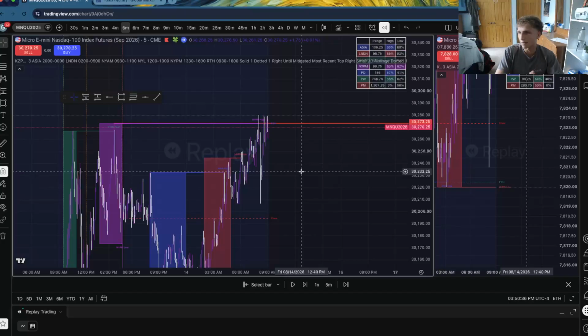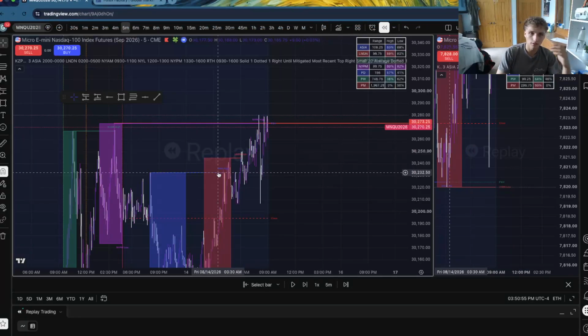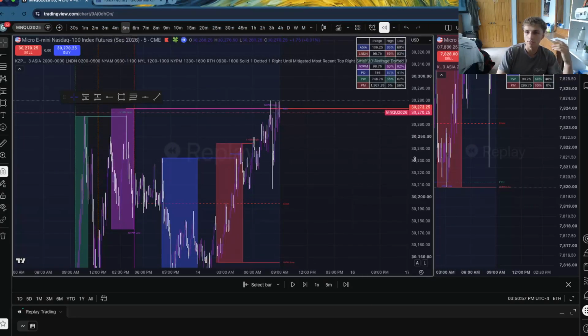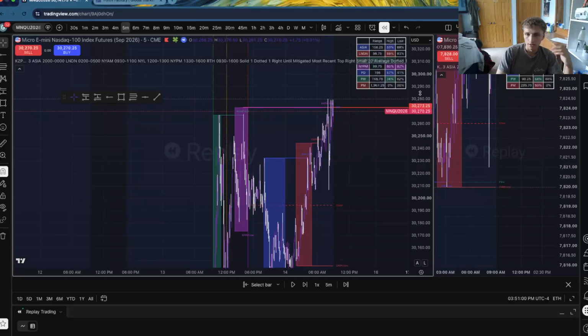Let's say I'm bearish to Asia lows, and London lows. Then if we start ripping off those lows, I'm like, okay, now I'm bullish to maybe New York, or yesterday's highs, the previous day high. That's how I use that.